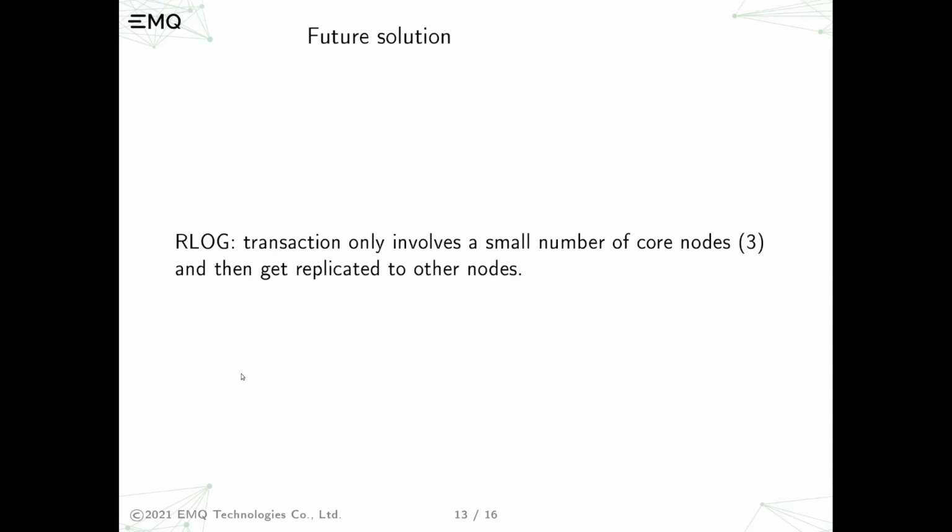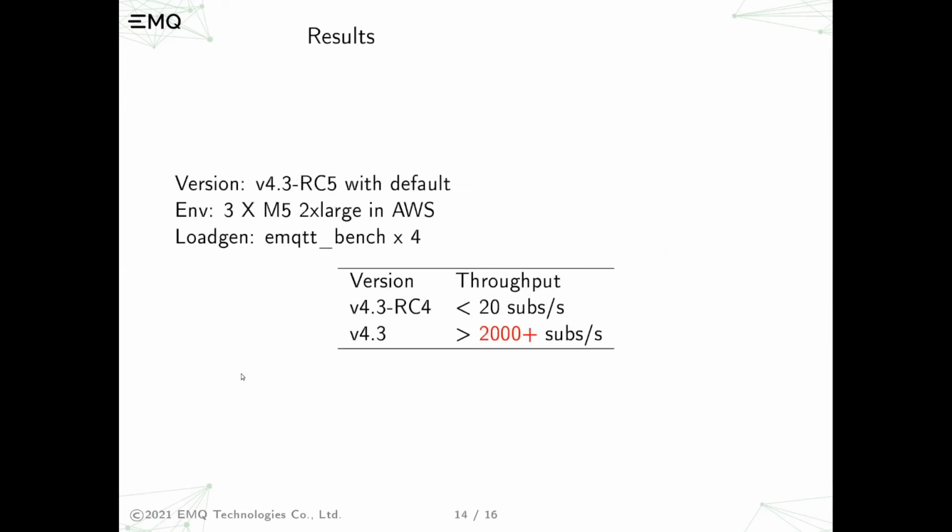So the transaction synchronization and the locking will be handled only in these 3 nodes, and the rest of the nodes will just get the data replicated in an eventually consistent fashion. So this is not done. We are expecting Dimitri's work to be production-ready or something. Okay, so results.